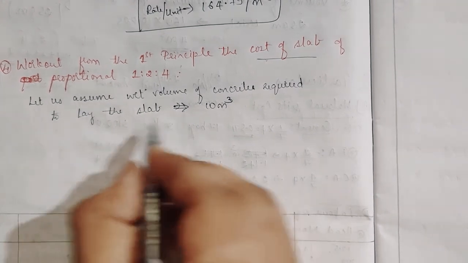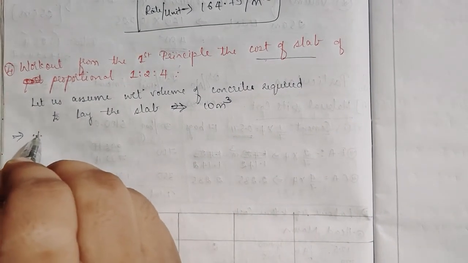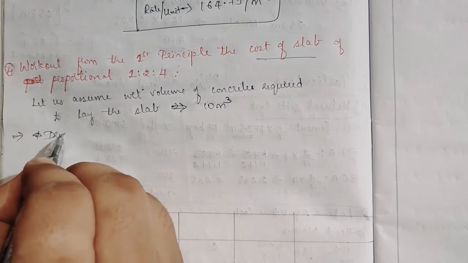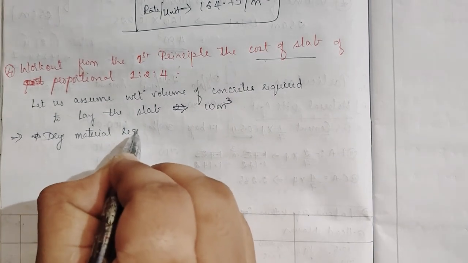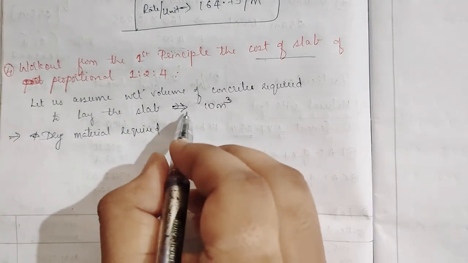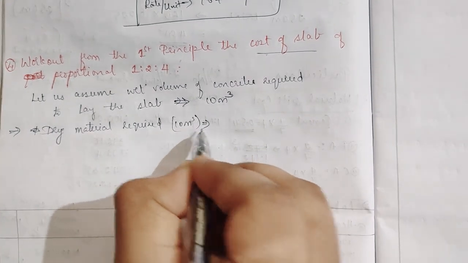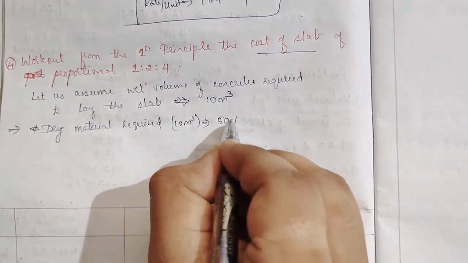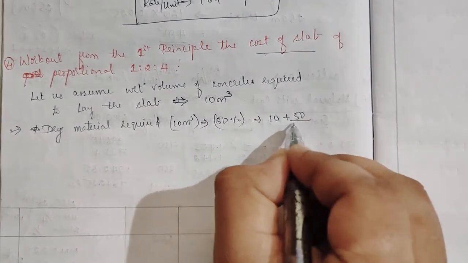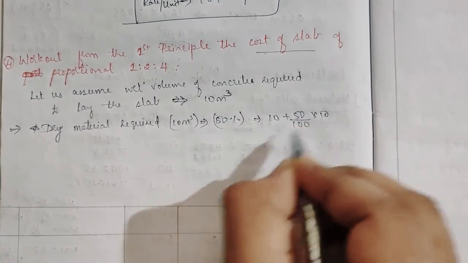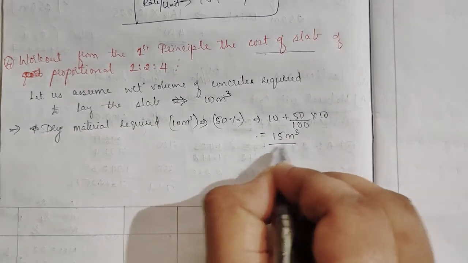Now we have to take the dry material required for the wet mix of 10 meter cube. How much will it be? I'll take 50%. That will be 10 plus 50 by 100 into 10, it will be 15 meter cube, right?